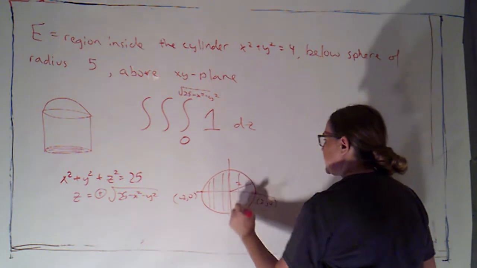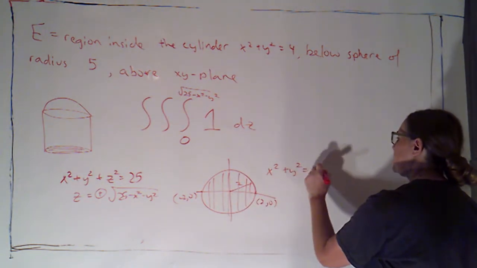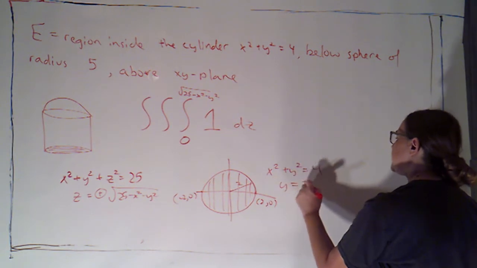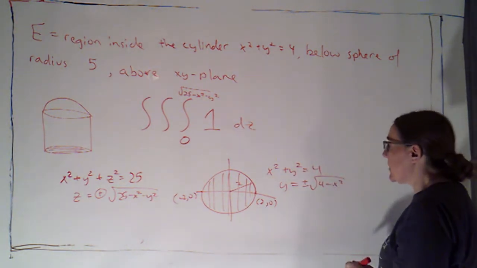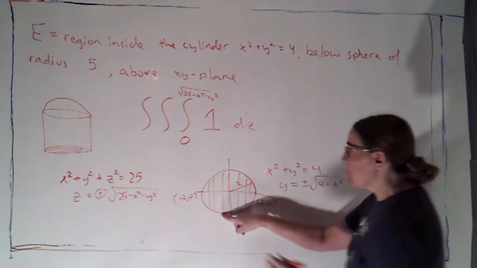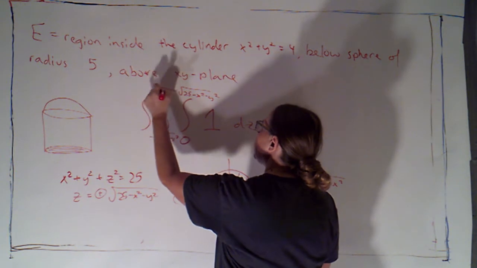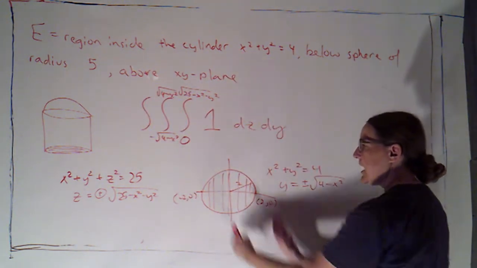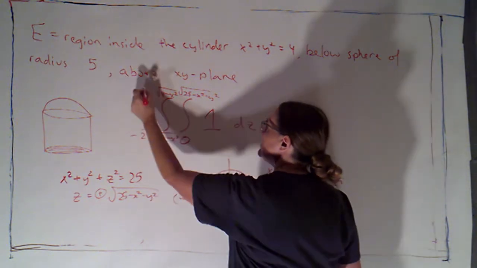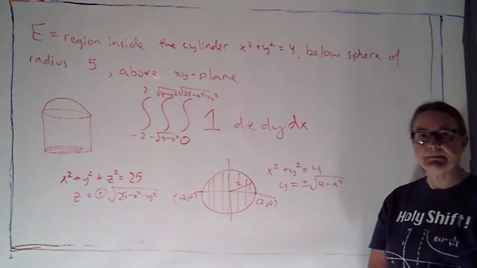If I set it up to slice things this way, I know that's x squared plus y squared equals 4, so y is plus or minus the square root of 4 minus x squared. So I'll set it up so that my y values go from negative root 4 minus x squared to positive root 4 minus x squared, so that's my dy. And then the slices start at negative 2 and end at 2, and that's going to be my dx.